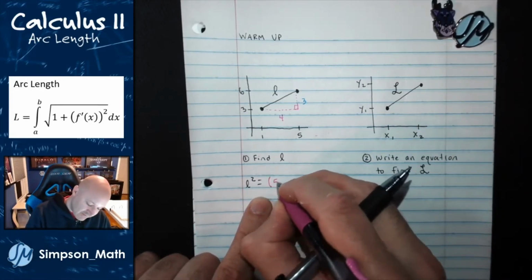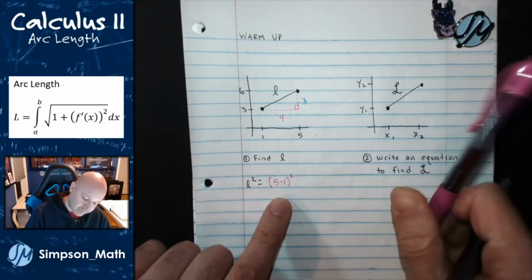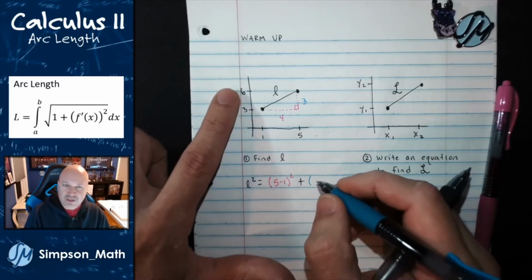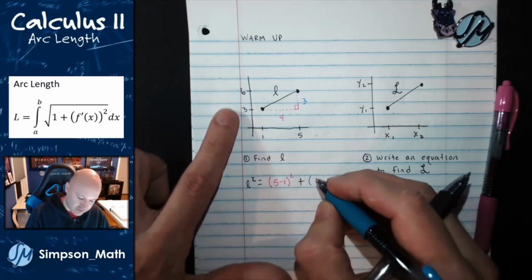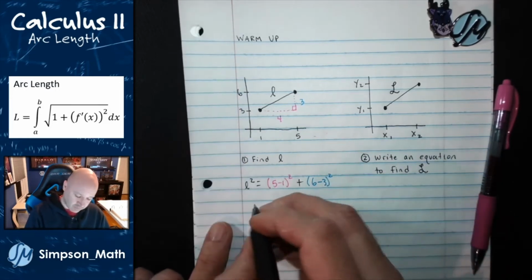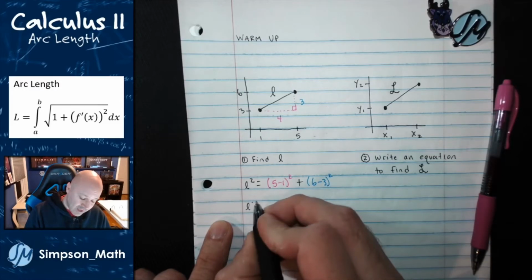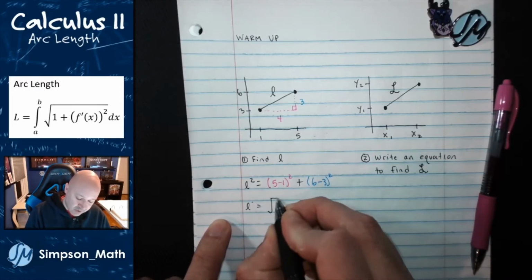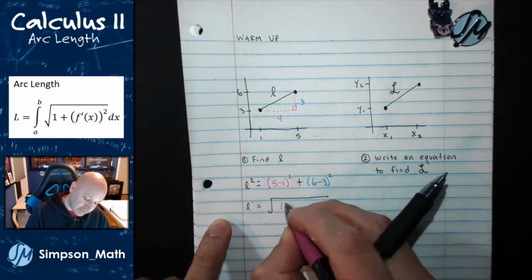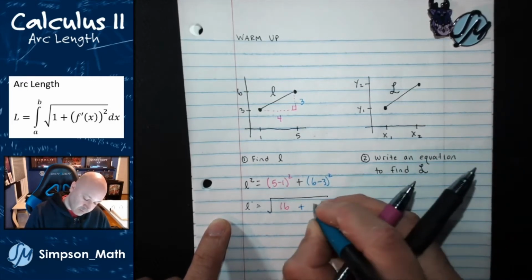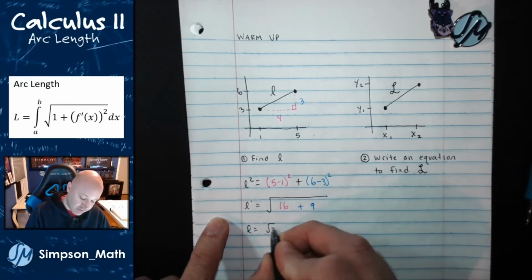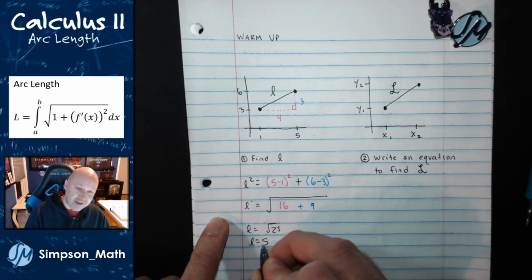I'm going to call it 5 minus 1 squared, plus the difference in those y values, 6 minus 3 squared. So L would just be equal to the square root of that stuff. This is going to be 16 plus 9, that's that 25 we're all familiar with, and we get 5, the Pythag triple.